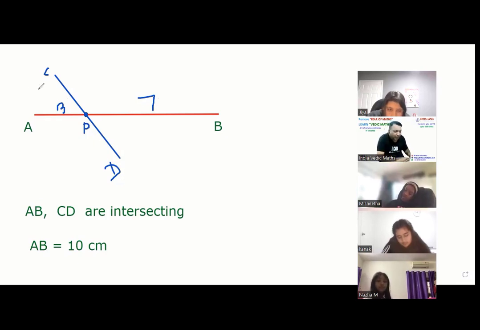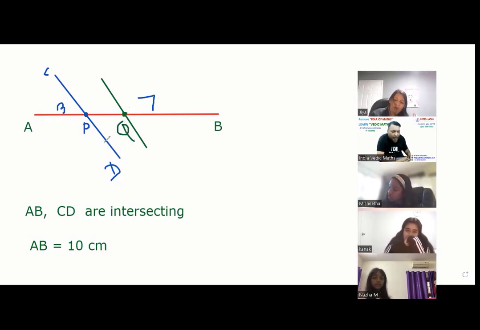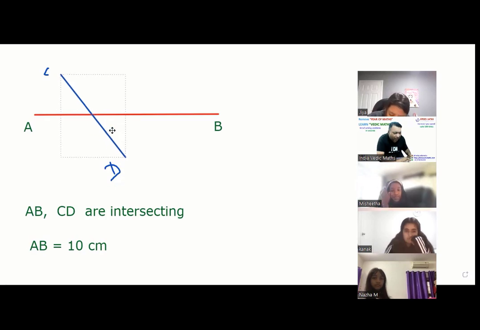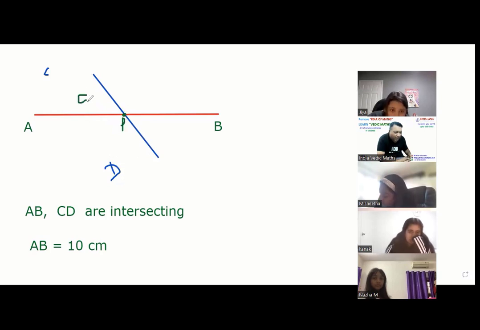But if I put another line, say a green line, with point Q, and I put the same CD line but intersecting like this, at point P, both are 5 and 5. It is intersecting, and in equal halves.